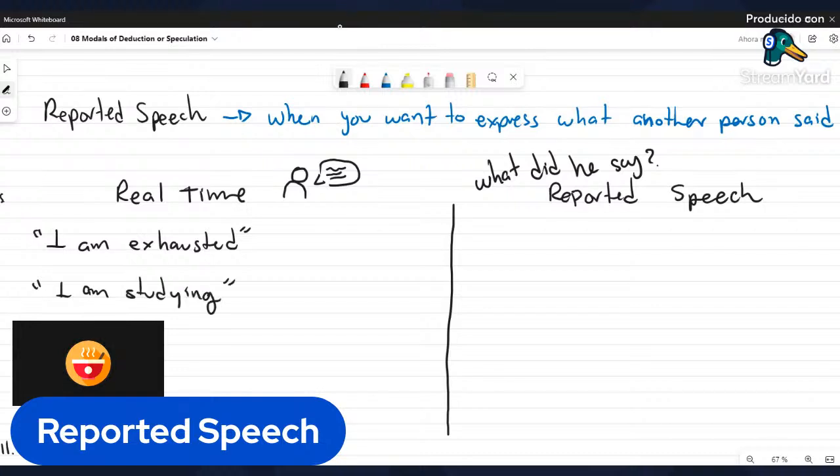So how can you report this? What did he say? Let's call this person Robert, let's call him Rob. Okay, Rob is saying this in real time in that moment, right? The other person is listening.